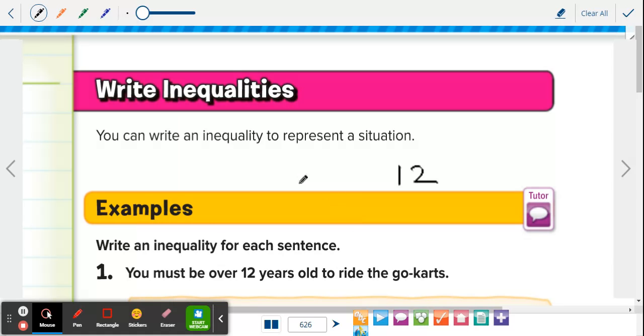Just any letter. A for age is what I'm going to use. We have our unknown and we have our 12. Is it A is less than 12 or A is greater than 12? Greater than. Can it be greater than or equal to? No, because it's got to be over 12. So A is greater than 12. That's how you write an inequality.